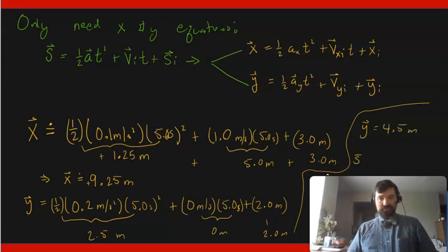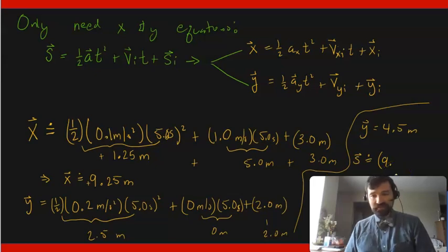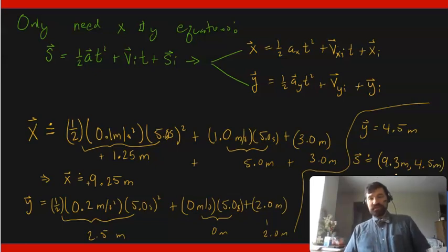And so my final position could be represented as 9.25, or if we care about significant figures, maybe we'd say 9.3 meters, comma, 4.5 meters. And this tells me how far from the cliff and how high above the ground.